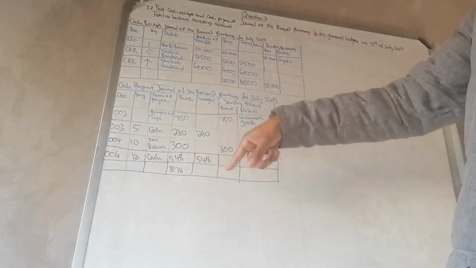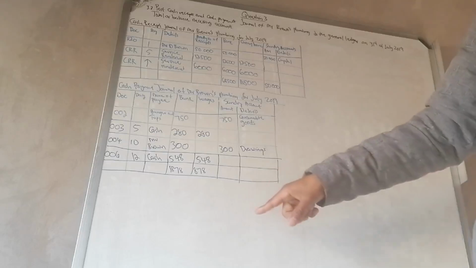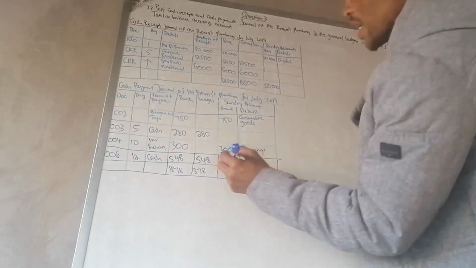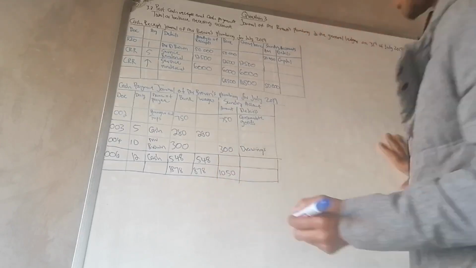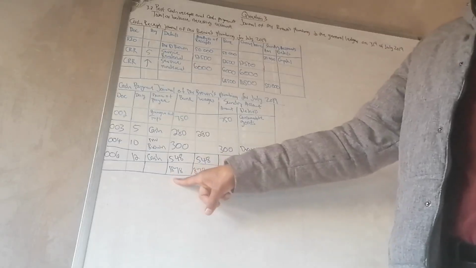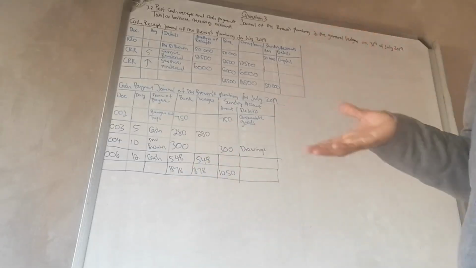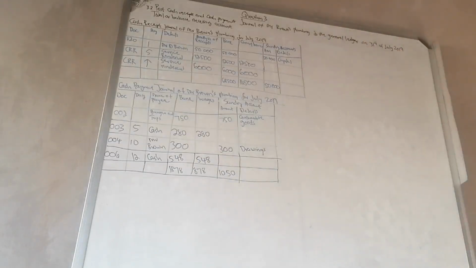The wages, when you add those two, you get 878. Your sundry account, when you add that, you get 1,050. And 1,050 plus 878 must equal 1,878, because you need to balance that. But this is what is provided. Now, what is our duty?